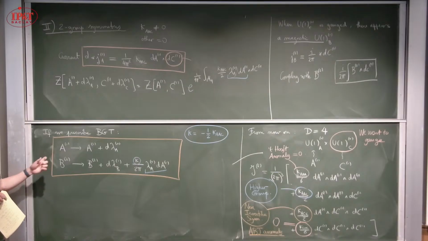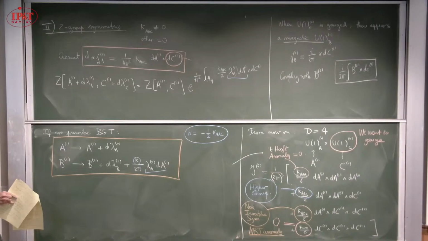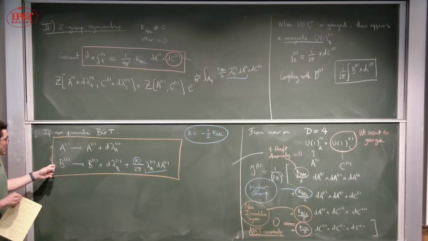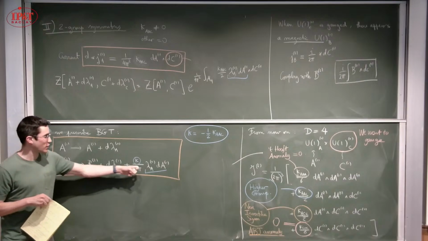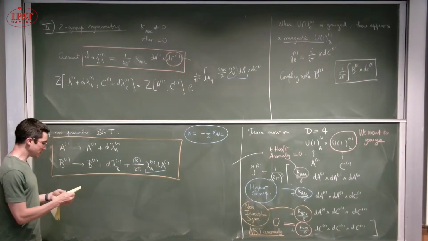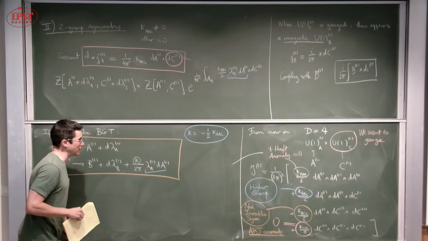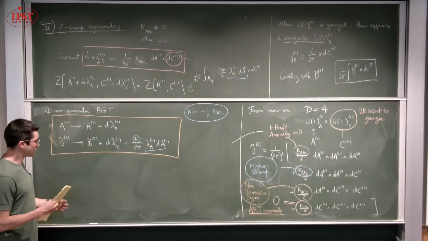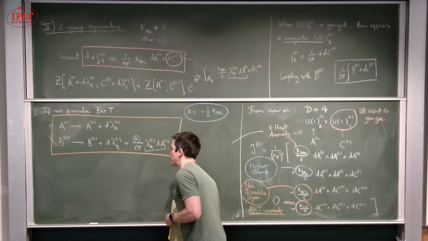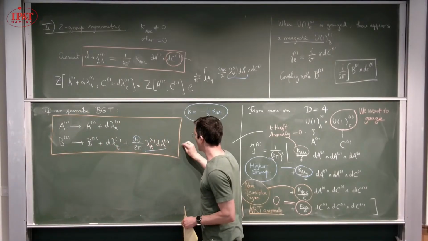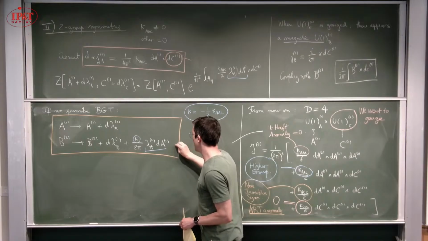So this is the law that you can prescribe. The price to pay is that the transformation of B now involves A. We can look at the consequences of this from various points of view, but the most striking one is this.